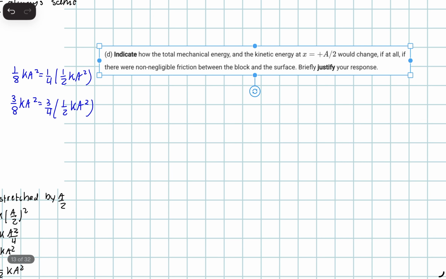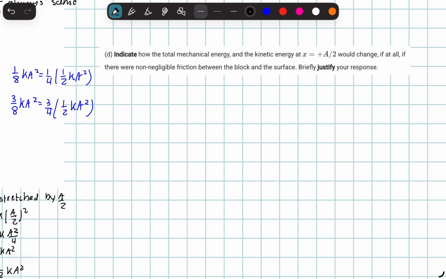Indicate how the total mechanical energy would change at x equal to a over 2, if at all, if there were non-negligible friction between the block and the surface. Briefly justify your response. So we know that if friction exists, then you have net external forces and no conservation of energy.